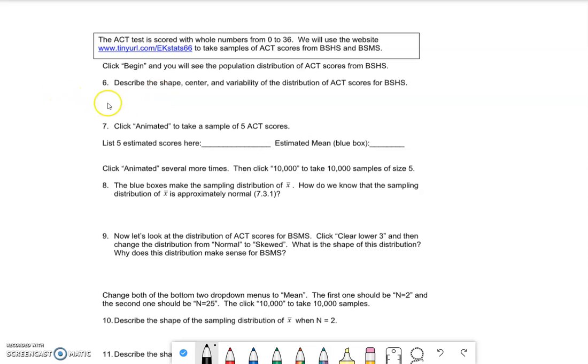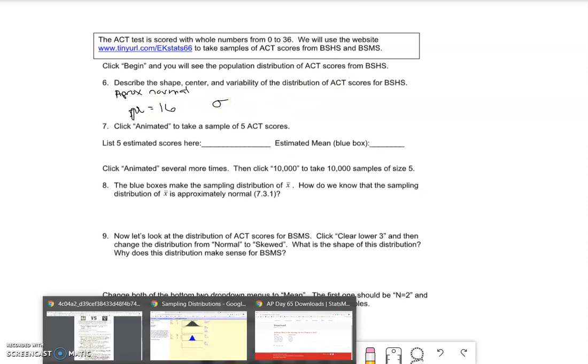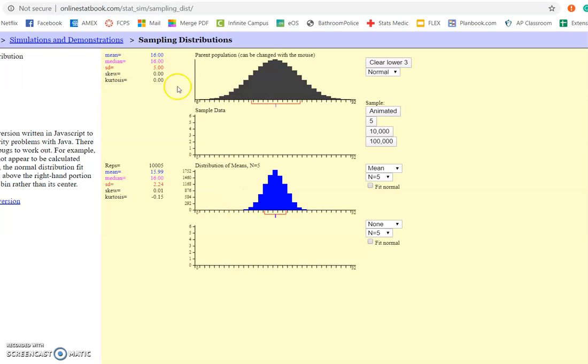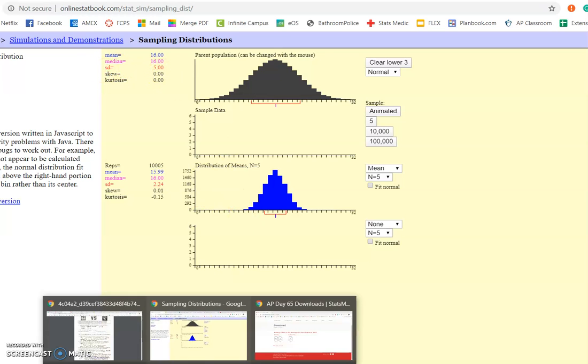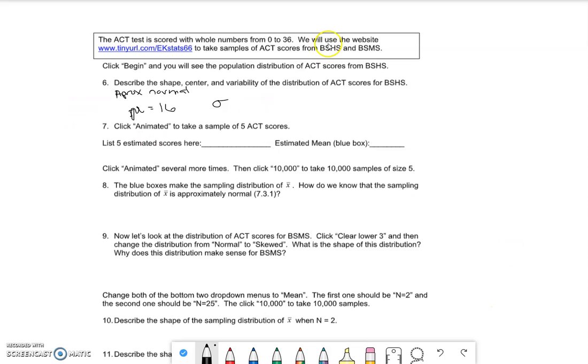Well, that's the population distribution, and it is approximately normal, with a population mean of 16 and a standard deviation of 5. Okay, then we took our, well, you can write down what you get.